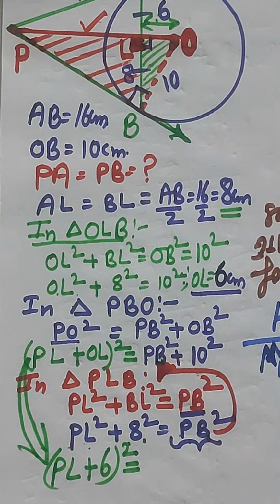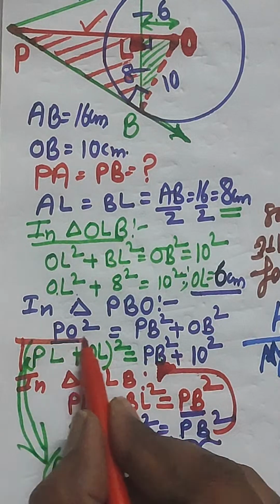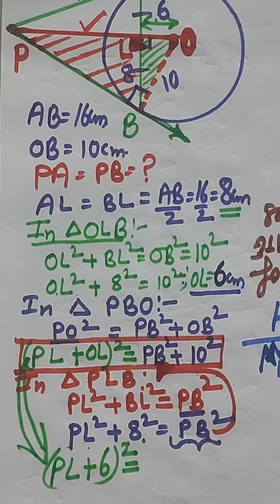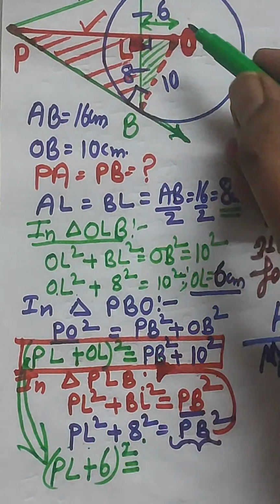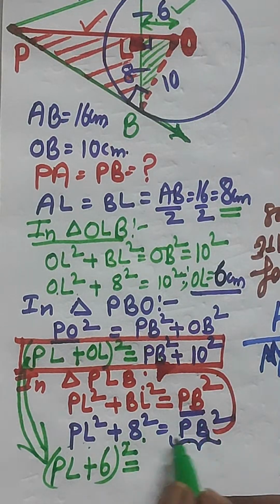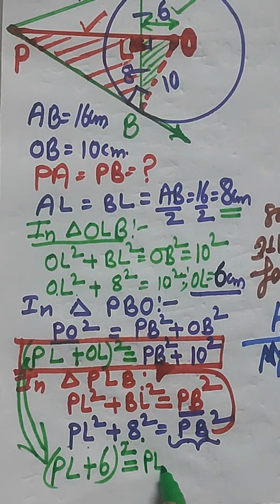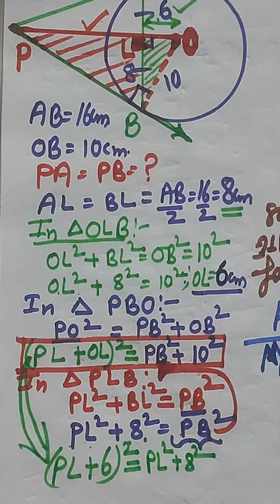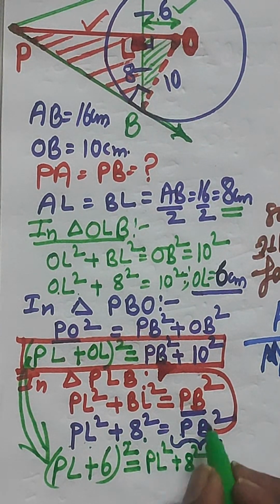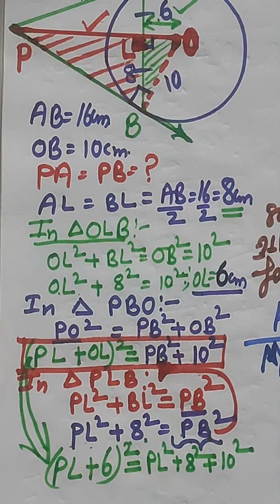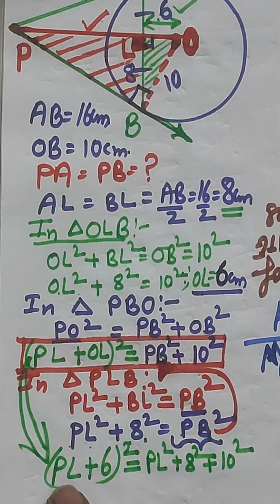So PL plus 6 whole square is equal to PL square plus 8 square plus 10 square, right?